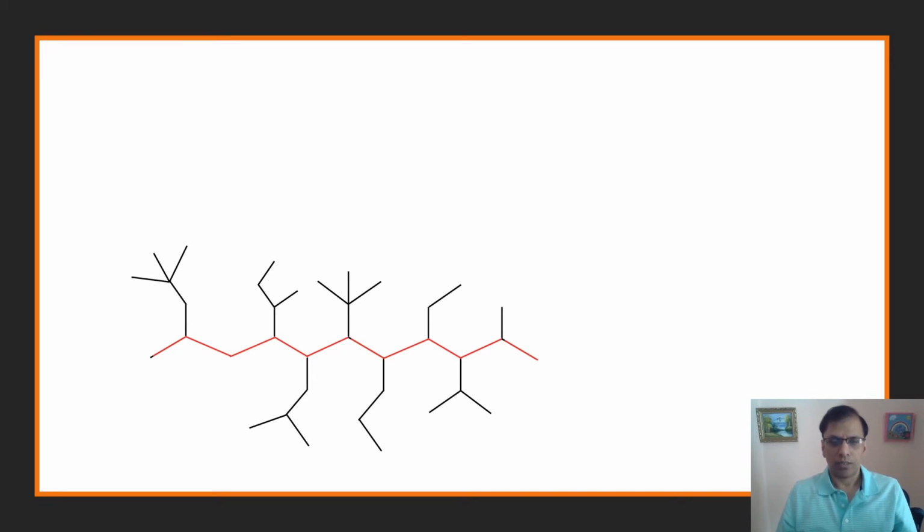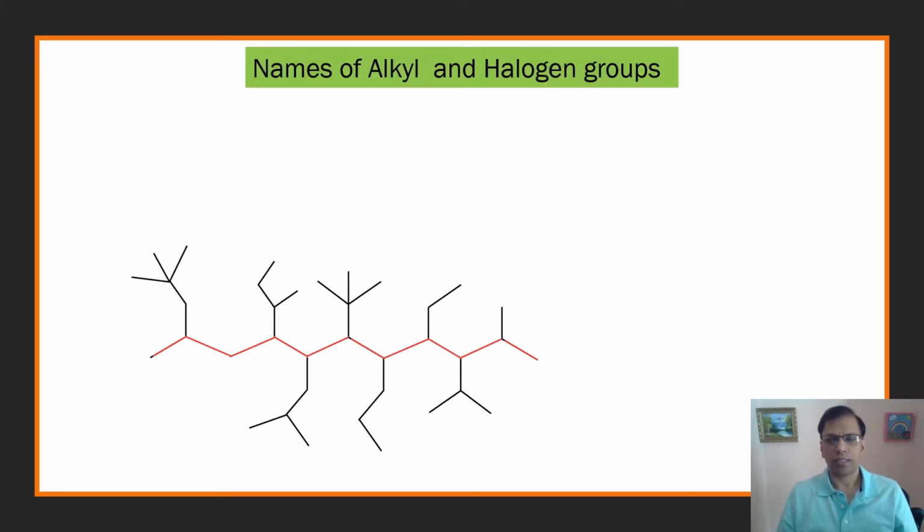So now let's learn how to name alkyl and halogen groups that can be on the parent chain. The parent chain is typically the longest carbon chain. Let me show you an example. This is hexane, and this is the parent chain.